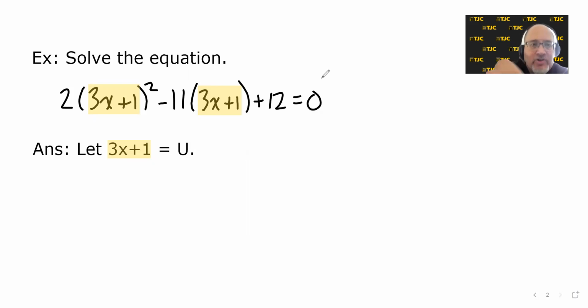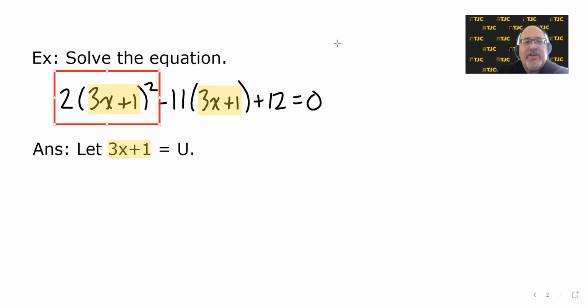If we do that in the first term, right here, now instead of saying 2 times that yellow rectangle squared, it's going to say 2u squared, because I replaced the yellow rectangle with a u. And if you're wondering what happened to the parentheses, they're no longer required since the thing being squared is a single letter.